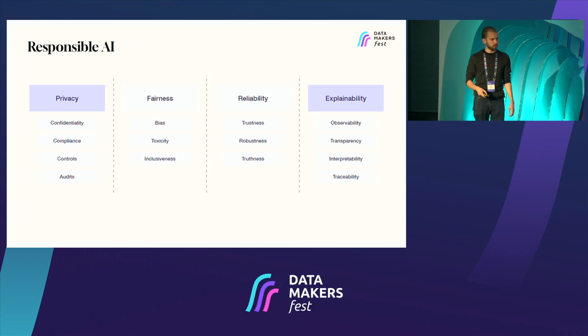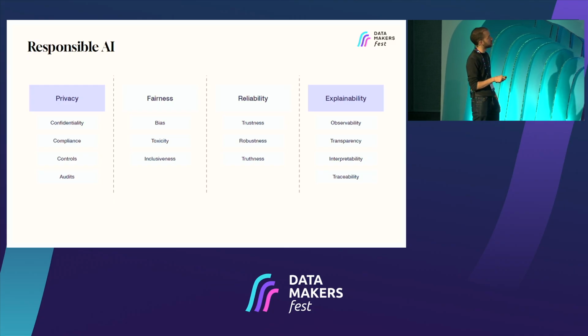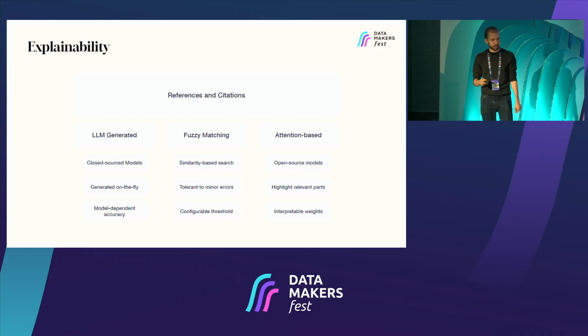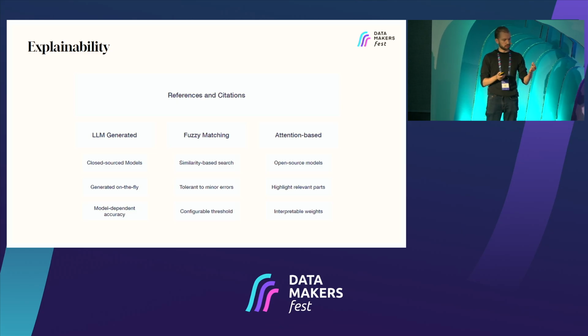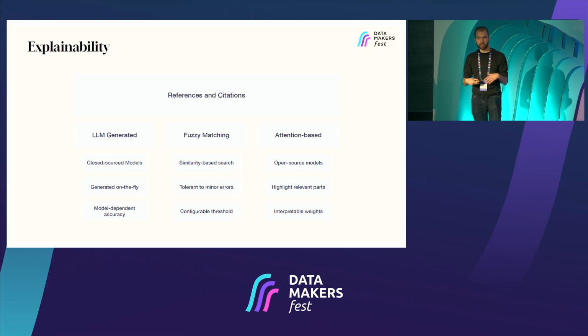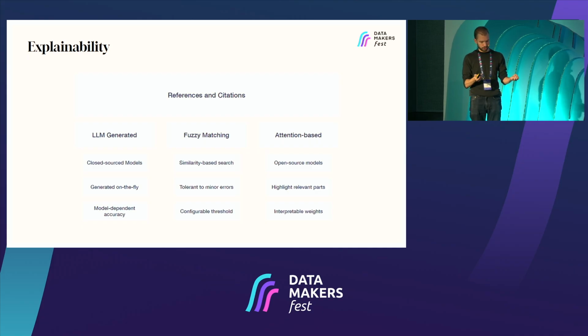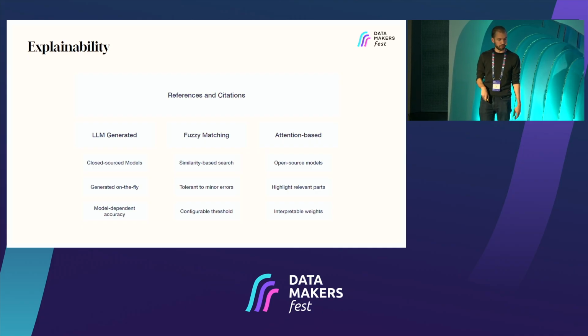For this talk, I'm going to speak a little bit about privacy and explainability. In terms of explainability, RAG systems usually have a system for references and citations. You can do this in several ways. Some have advantages, some have disadvantages.